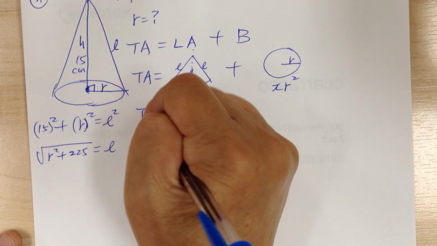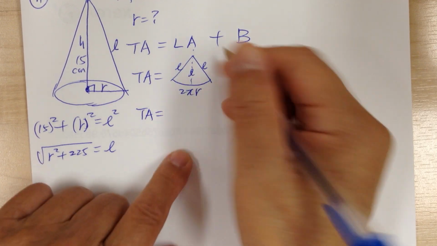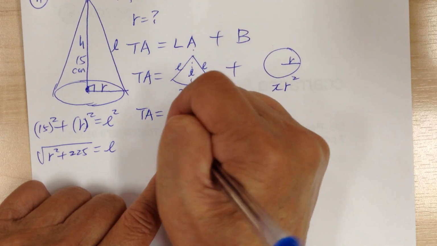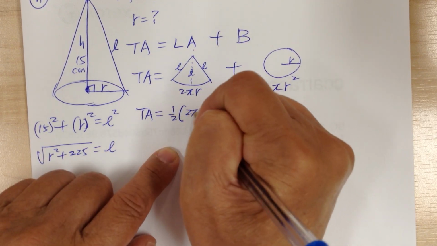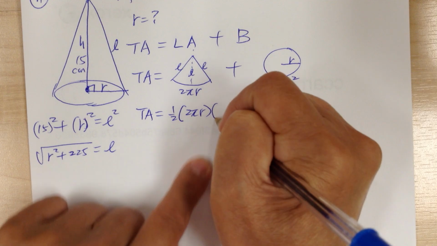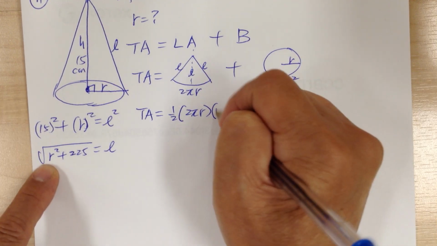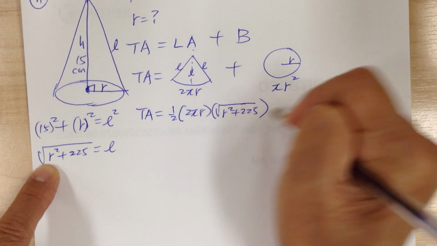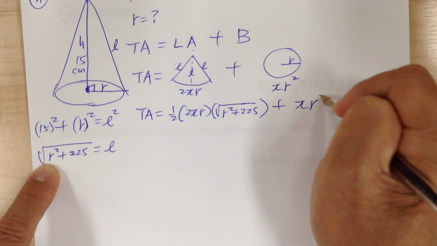Now let's substitute everything in here. Again, you can use the formula for a triangle, which is 1/2 the base times the height. The height is L, which is the square root of r squared plus 225. And this would be pi r squared.